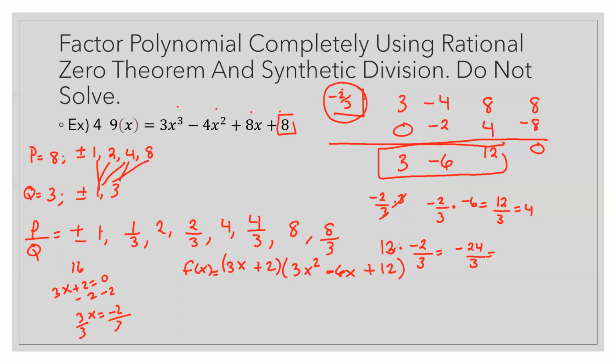How are we to factor this? There's one thing I noticed, you can take out a GCF, right? Yeah, I think you could take out a 3. So take out that 3 and put it all the way to the left. And then this is x squared minus 2x plus 4. And over here, can we factor this anymore?